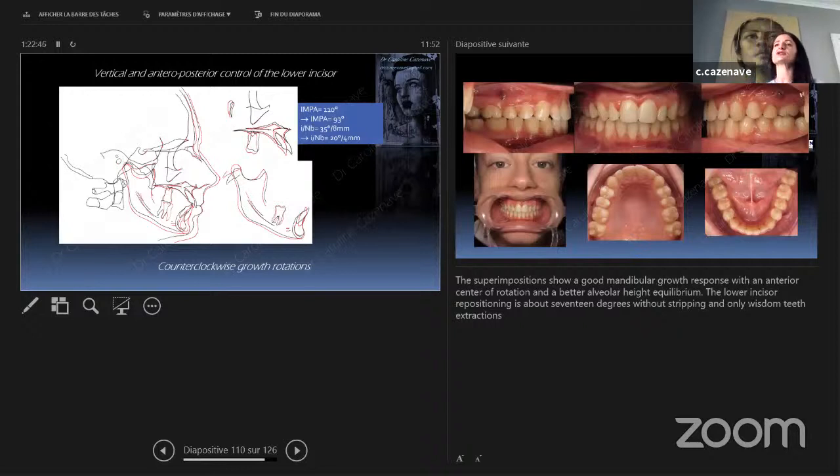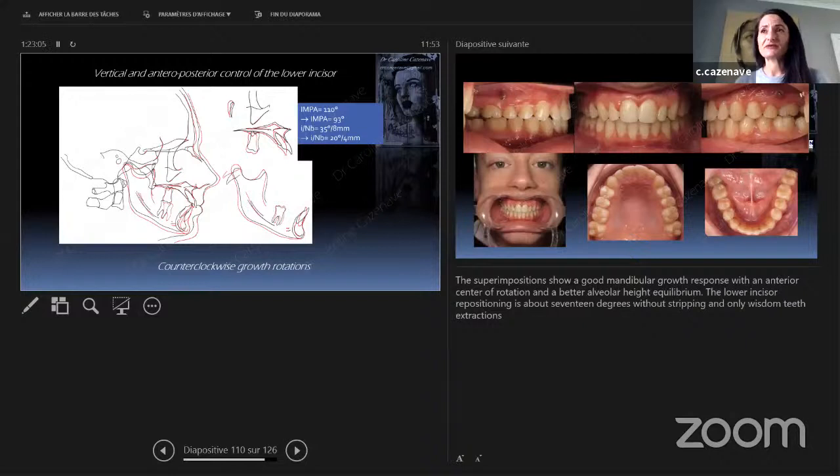The superimposition shows good mandibular growth response with an anterior center of rotation. You can see there's a rotation around this point, and a better alveolar equilibrium.